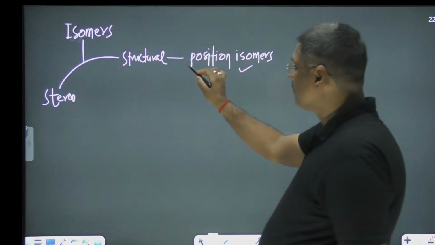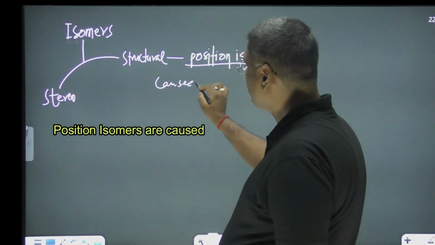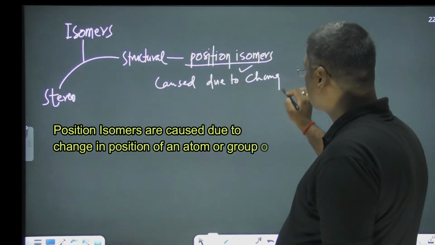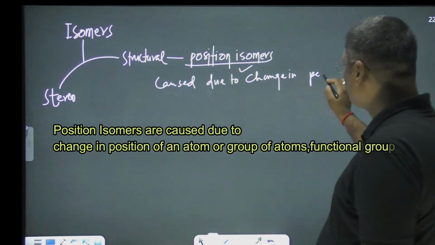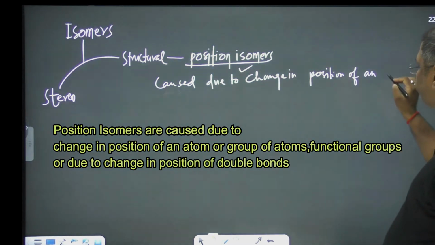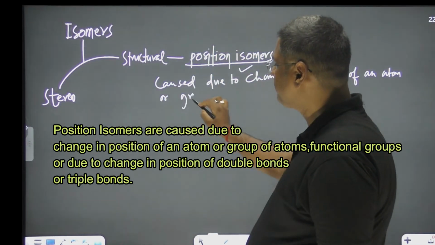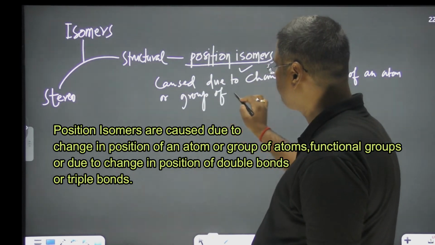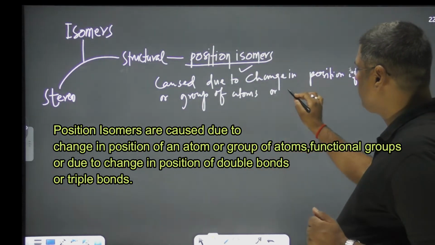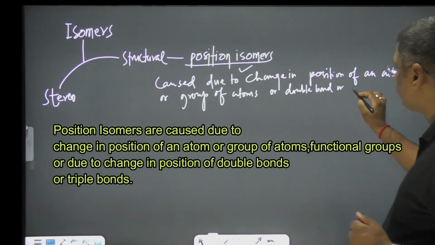So you can say position isomers are caused due to change in position of an atom or group of atoms, or change in position of a double bond or triple bond.